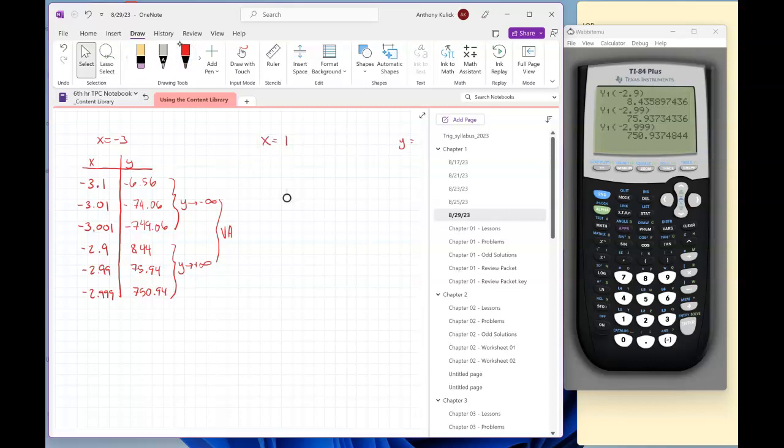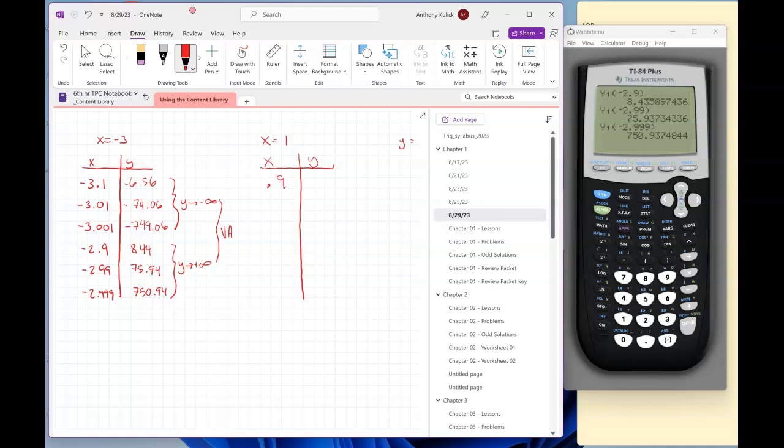So far, so good? All right. Let's do the same thing now for this one, x equals 1. So we'll start by picking some values of x that are smaller than 1 and getting progressively closer to 1 each time.